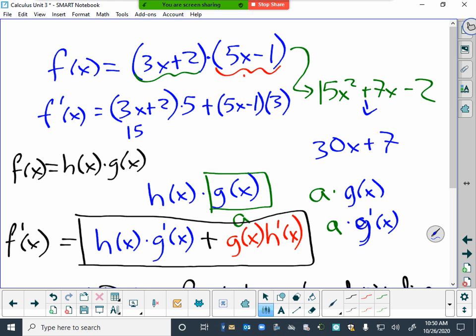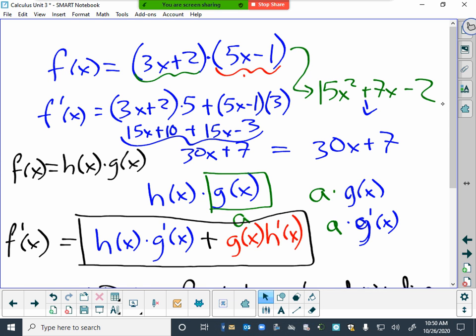I get a 15x plus 10 plus 15x minus 3, which reduces to 30x plus 7, and those things are equal to each other. So I can verify by that one example anyway that that product rule works.